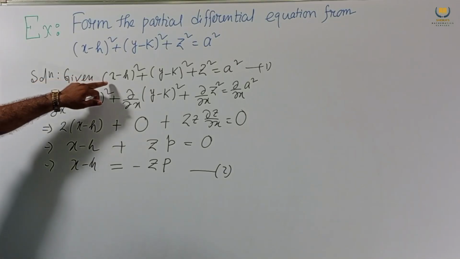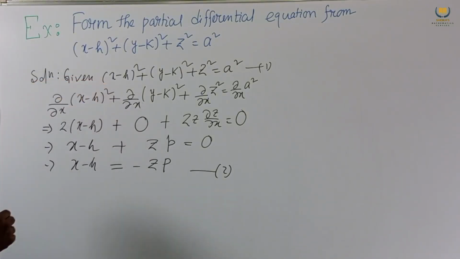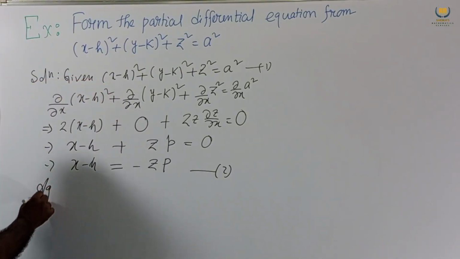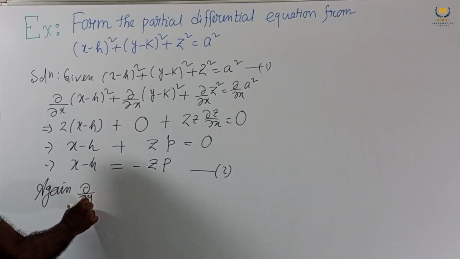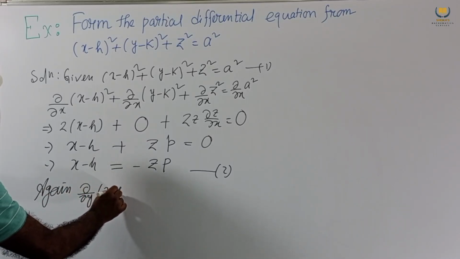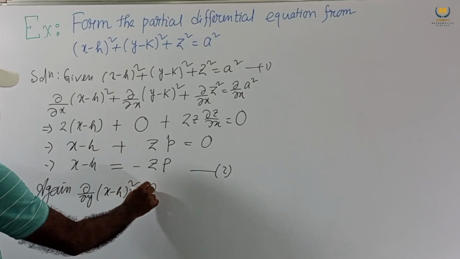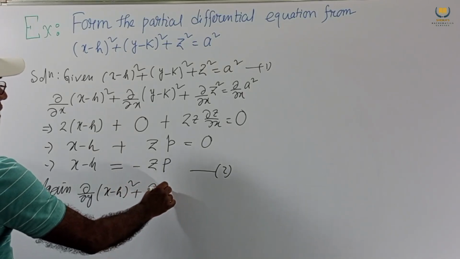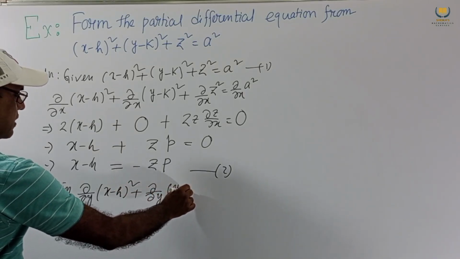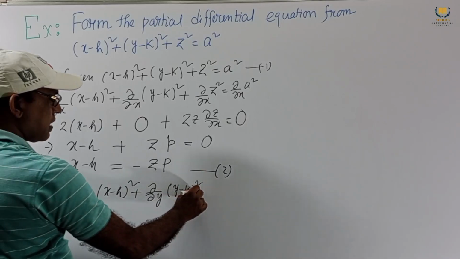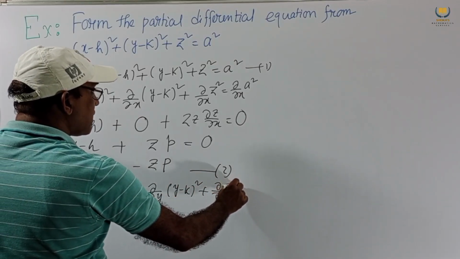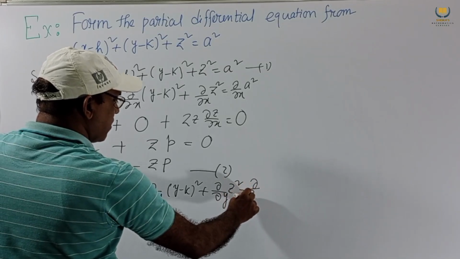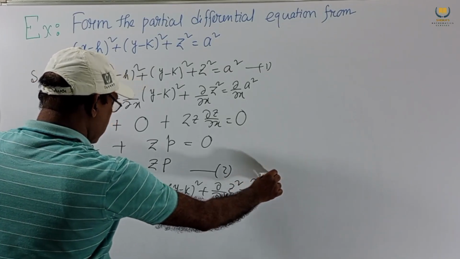Again we differentiate this one with respect to y partially. Again, del y of (x minus h) whole square, plus (y minus k) whole square, plus z square, equal to del y of a square.